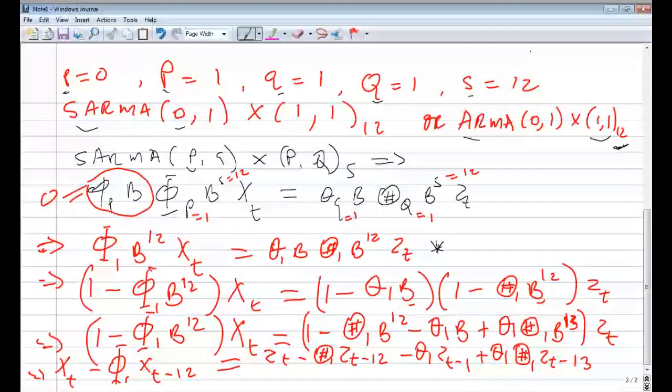So when we try to include that, remember we have SARMA(p,q)(P,Q)s, which is our general form.